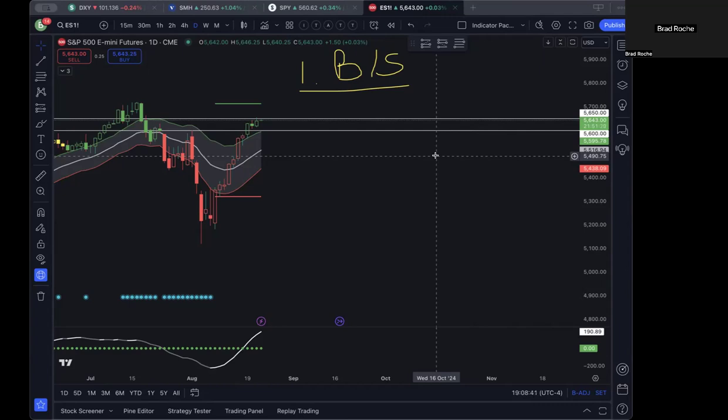So this has been proven, these buy and sell signals, if you execute them correctly, they have been proven to net you on average 1.5 return on your money over thousands of trades.